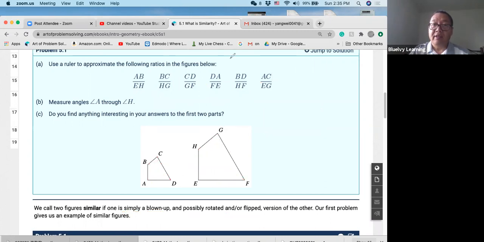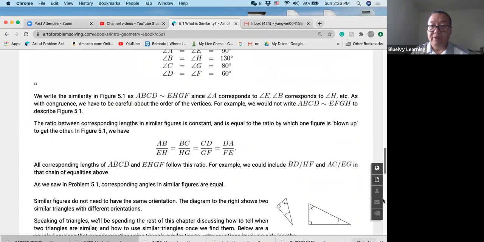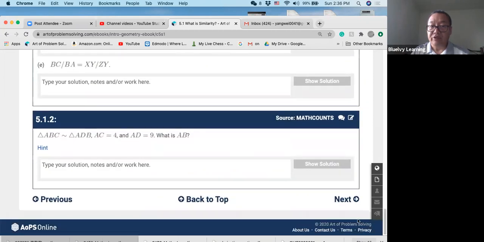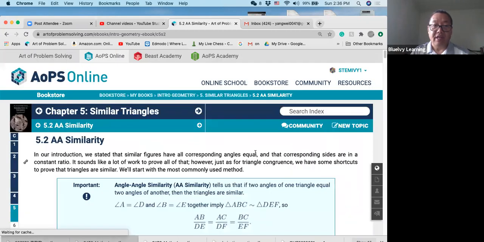Now let's go to the next section. Compared with congruent triangles, we also need to learn three theorems to determine whether two triangles are similar.